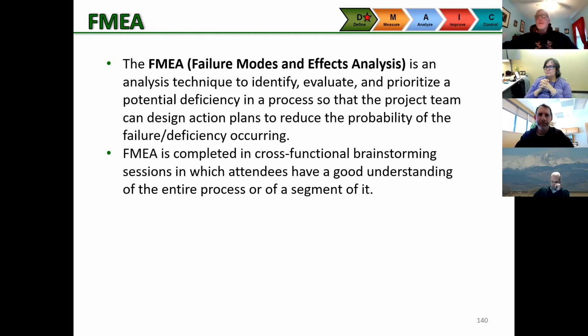In other words, I know that every time we make this product, we end up with a complaint, or we end up with defects, or we end up having to run it again, and those are the types of things that this is a great tool for. It's a cool cross-functional brainstorming session.